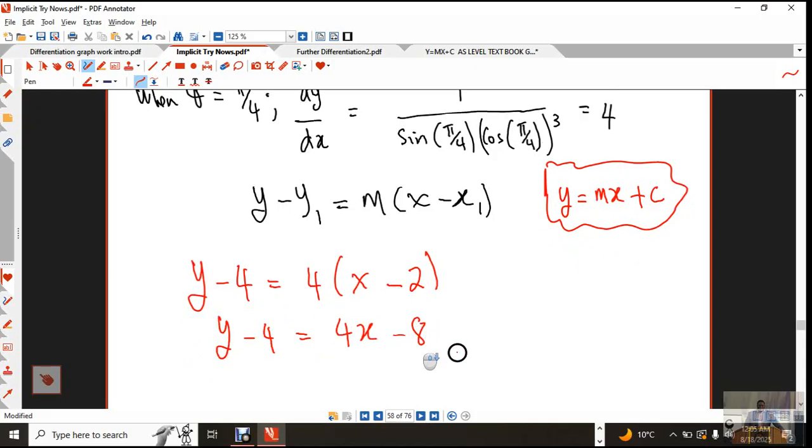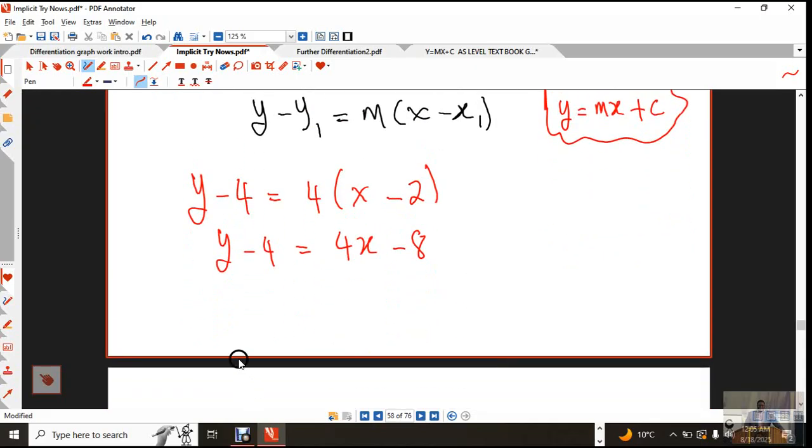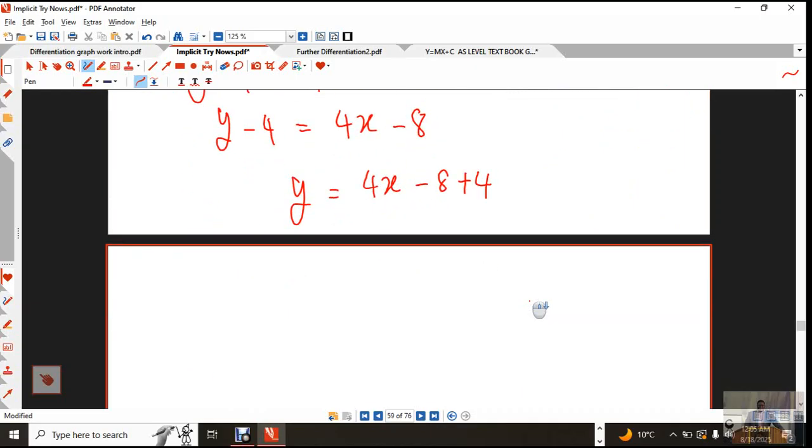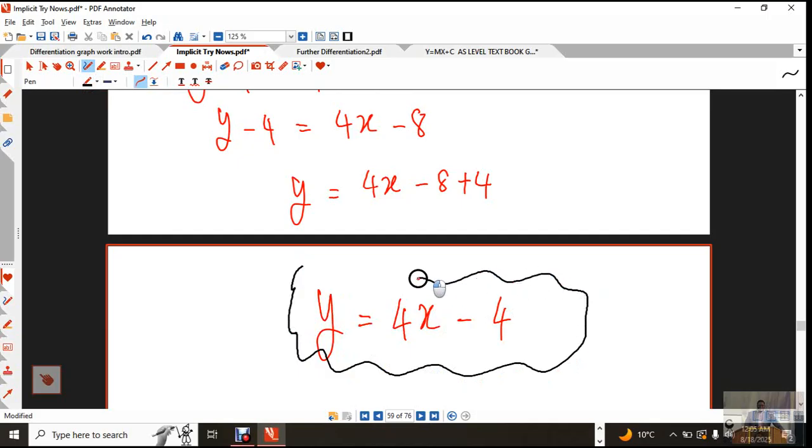And then you just bring that other value back. So y is equal to 4x minus 8 plus 4, eventually giving us a final answer of y equals 4x minus 4. I thought there would be some decimal values, but this is the solution. That was part 4 of our series on parametric differentiation.